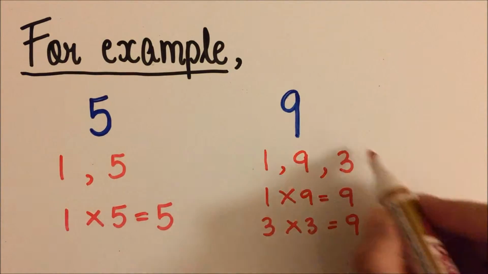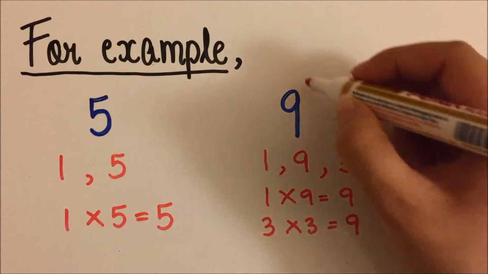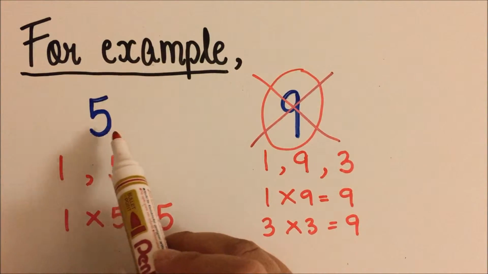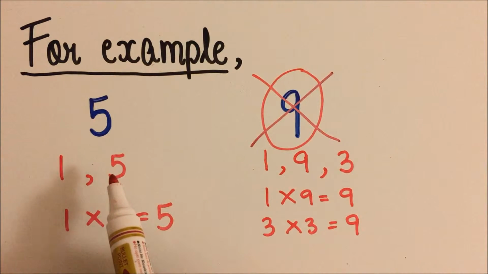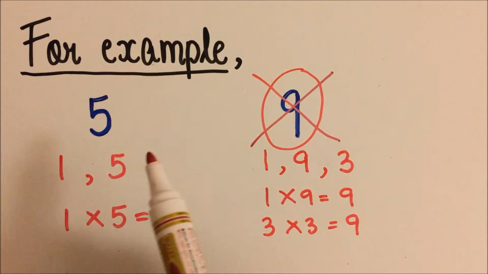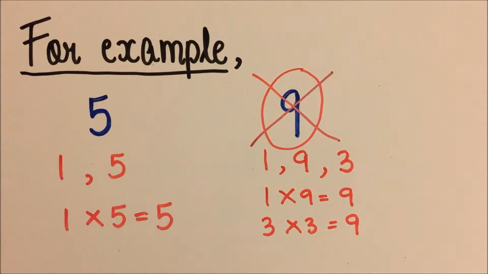So that's 3 numbers that give us 9. Therefore 9 is not a prime, whereas 5 is, because only 1 can divide 5, or 5 can divide 5. No other number, or to be specific, no other whole number can divide 5.